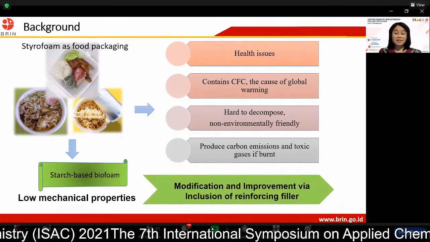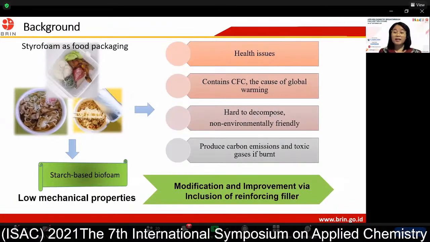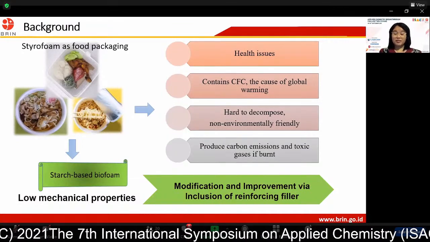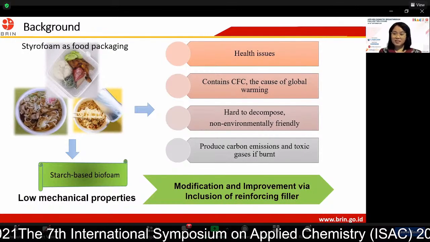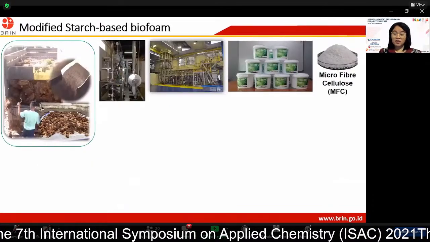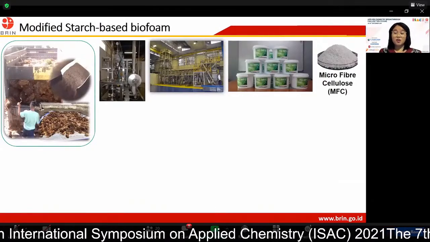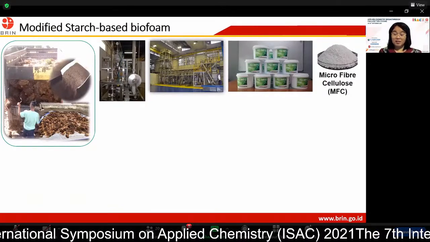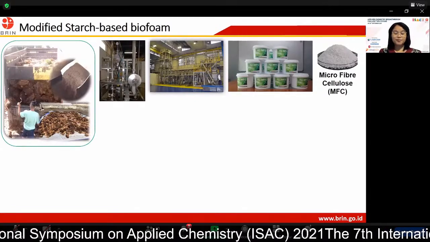Nevertheless, current studies show that starch-based biofoam still has low mechanical properties. That's why further modification and improvement, for example, via the inclusion of reinforcing filler, is important. In our Research Center for Chemistry, we have successfully produced microfiber cellulose derived from oil palm empty fruit bunch on a very large scale, at a capacity of about 100 kilograms per day.